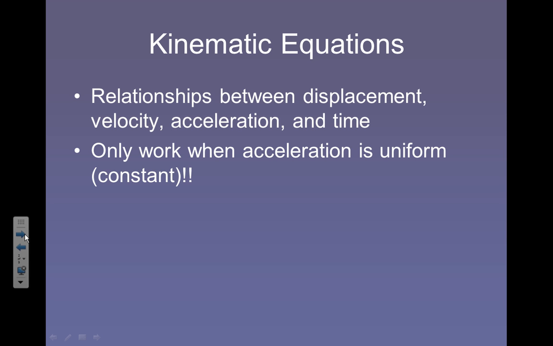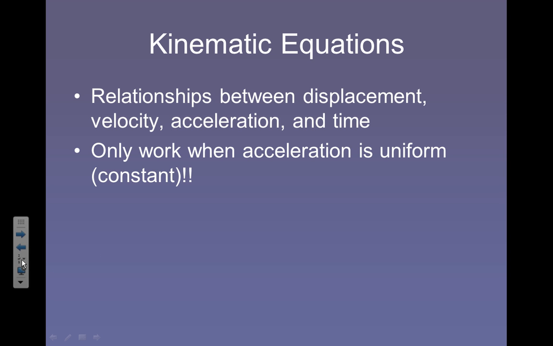But generally, especially when we're starting off talking about one-dimensional motion, we're talking about an object that is speeding up or slowing down at a constant rate, a uniform acceleration. So we're looking at mathematically representing the relationship between displacement and acceleration and velocity and time. But these relationships only hold true when that acceleration is a constant value. All right, good there?